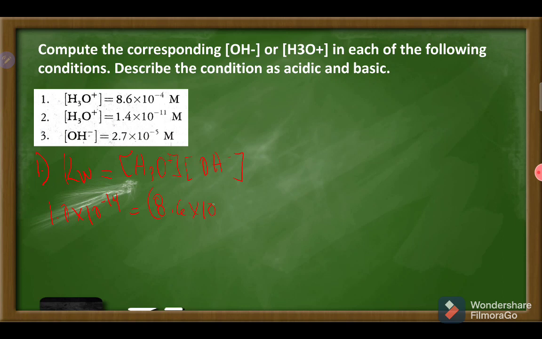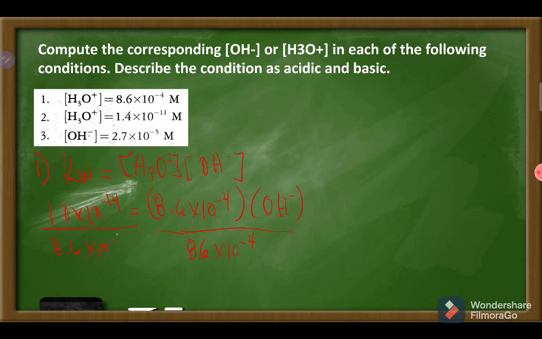8.6 times 10 raised to negative 4, and here we have the hydroxide ion. In order for us to get the value of the hydroxide ion, we are going to divide both sides by 8.6 times 10 raised to negative 4.